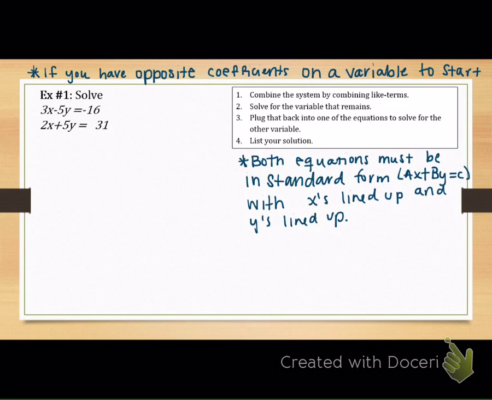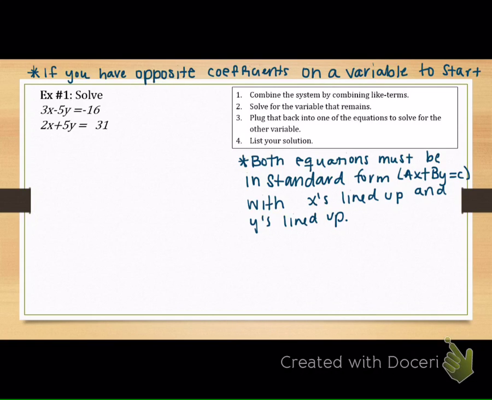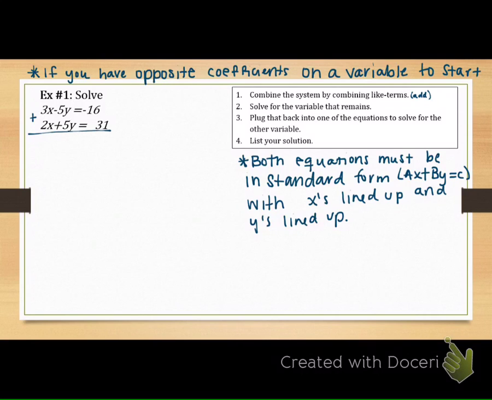So to do that, we're going to combine the systems by combining like terms. So that means you're going to add the systems together. We're going to put a big addition sign here. So if I add them together, what's 3x plus 2x?